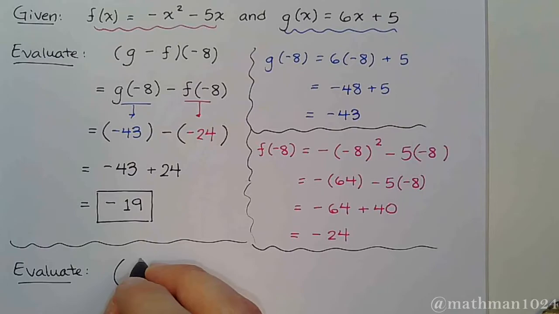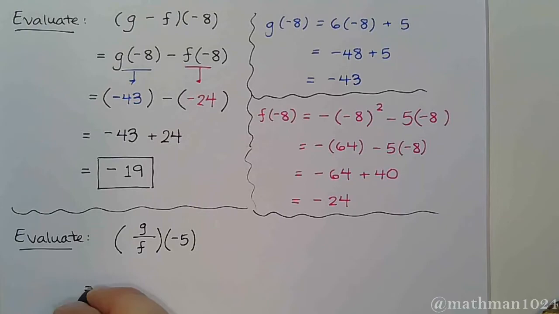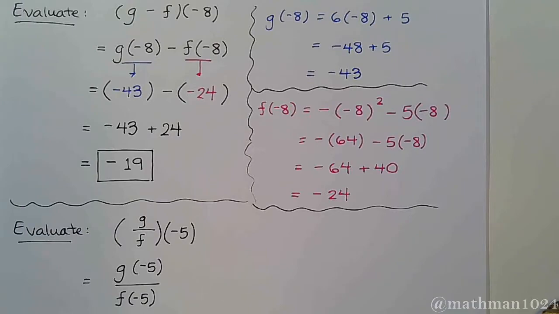Let's do g over f of negative 5. So having g over f of negative 5 means that I need to evaluate g of negative 5. I need to evaluate f of negative 5. And then once I have those two evaluations, I'm going to do division. In that order, g divided by f.